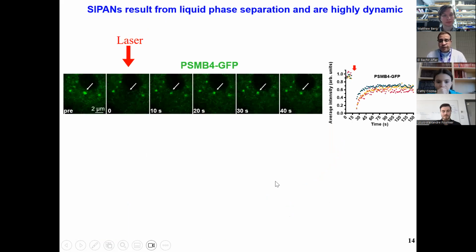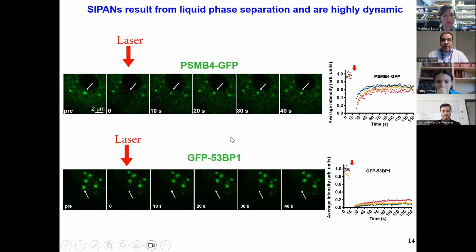We also tried to investigate their dynamics by bleaching them with laser. And as you can see here, when we bleach the foci with the laser, we can see a very quick recovery within 10 seconds. We can see a nice recovery in the original foci.